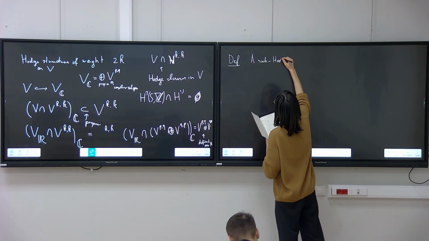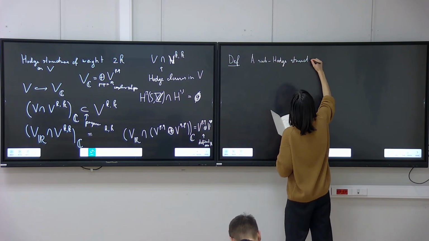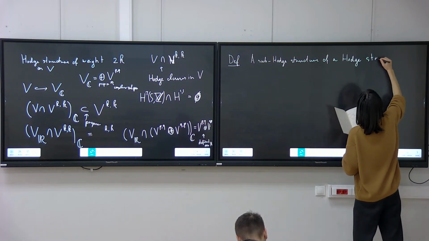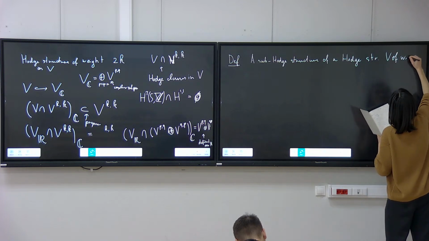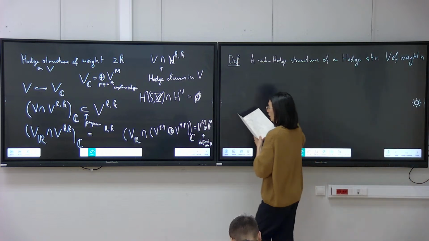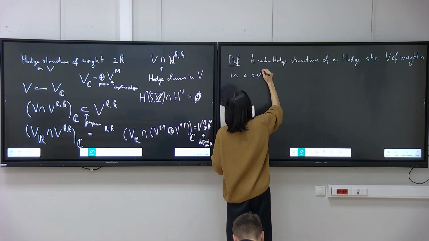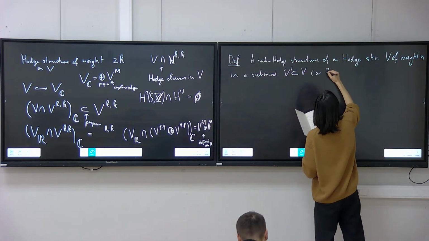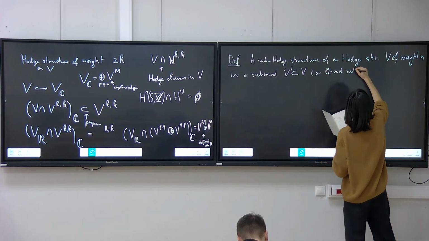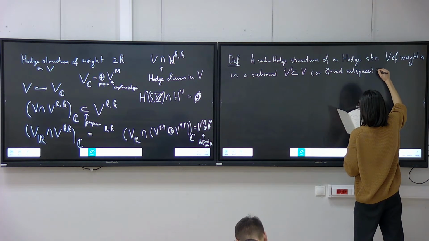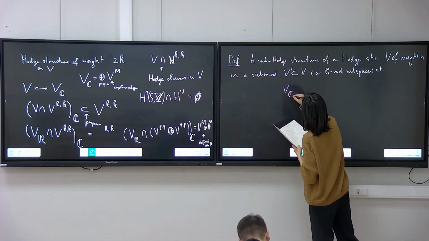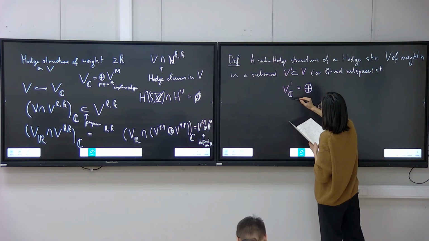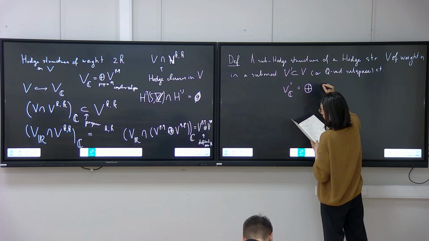Okay, so a sub-Hodge structure of a Hodge structure V of weight n is a submodule, or Q vector subspace, V' of V, such that the decomposition of the complexification of V induces the decomposition of the complexification of V'.